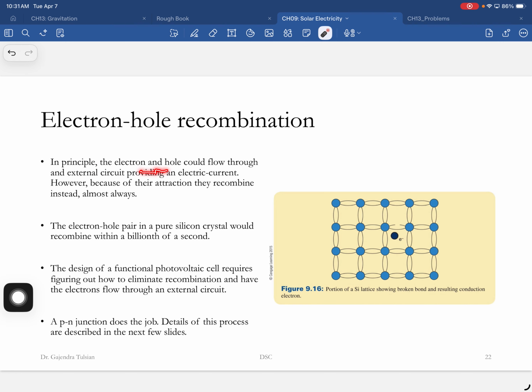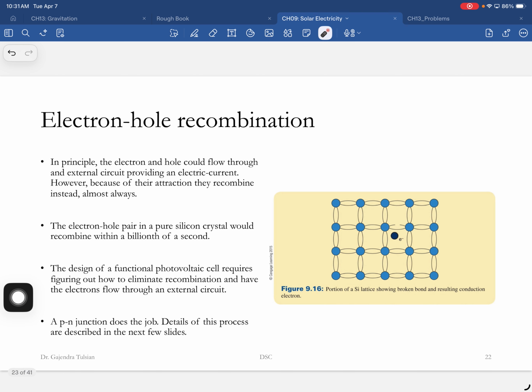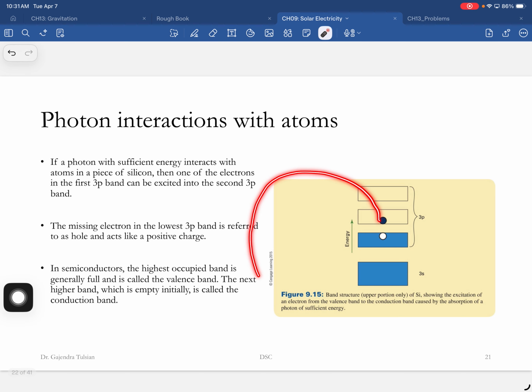However, because of their attraction, they recombine instead almost always. The electron-hole pair in a pure silicon crystal would recombine within a billionth of a second.